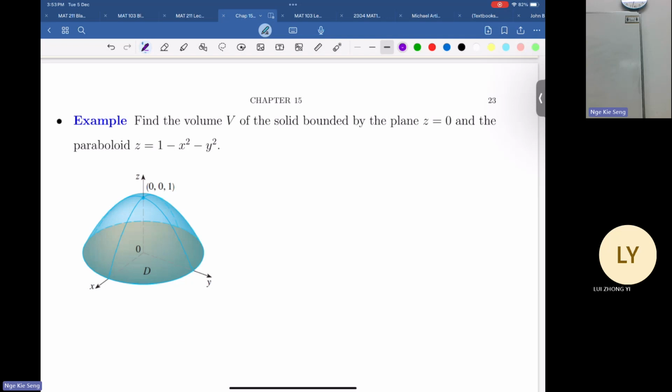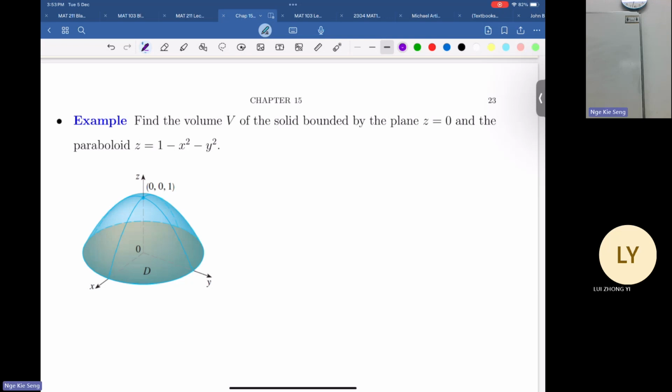There are how many axes here? 3 axes here, R3. So the graph of f lives in R3. So this thing that bulges up is the paraboloid we're talking about.